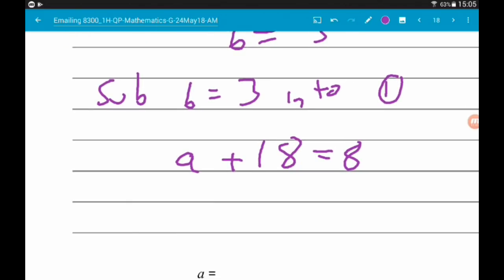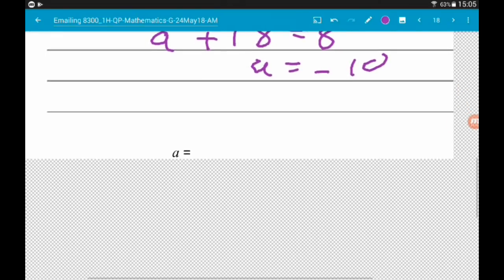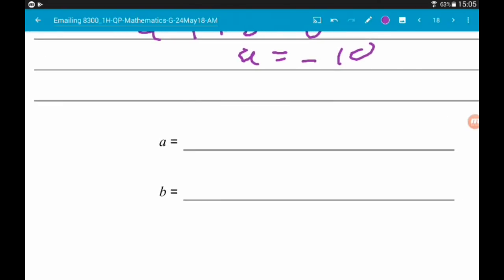Take away the 18, we get A is equal to minus 10. So our values are A is minus 10 and B is equal to 3.